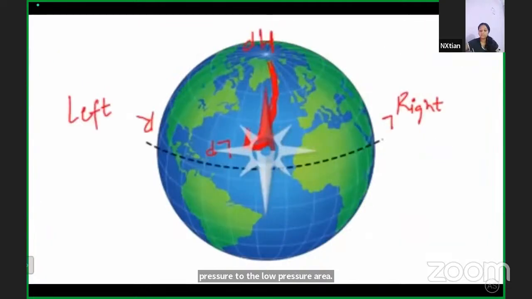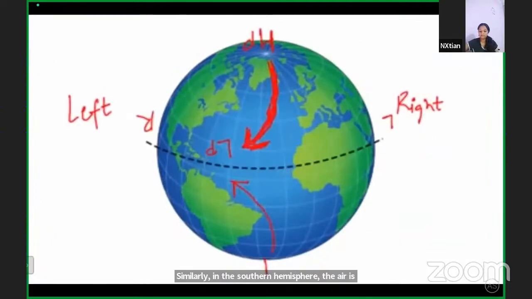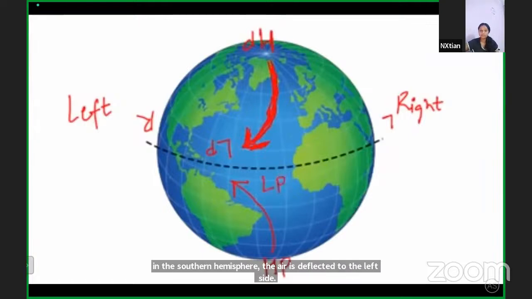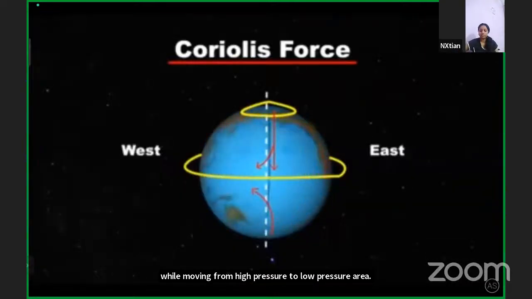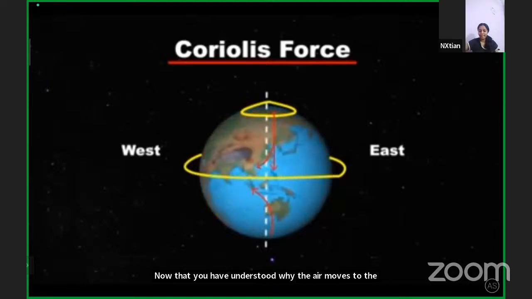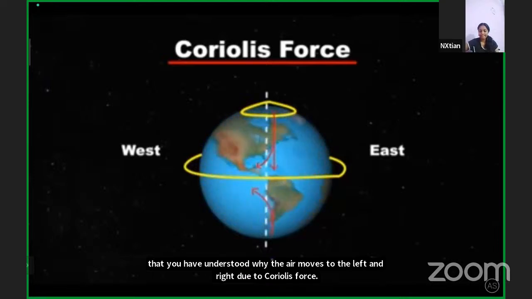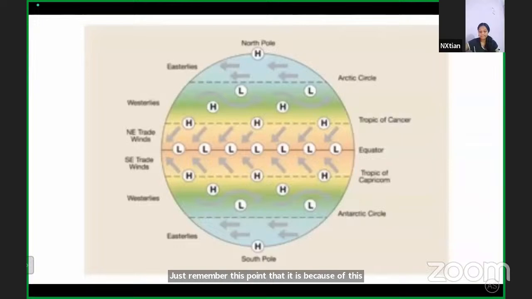Similarly, in the southern hemisphere, the air is deflected to the left side while moving from high pressure to low pressure area. In this case, we don't have to rotate the picture. Now that you have understood why the air moves to the left and right due to Coriolis force, just remember this point: it is because of this reason that there are certain pressure belts all over the Earth's surface.